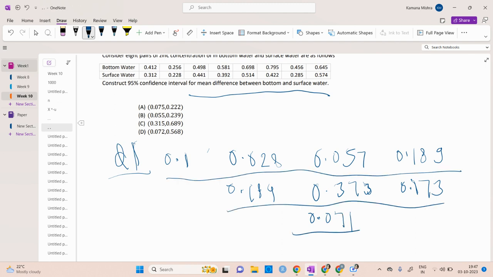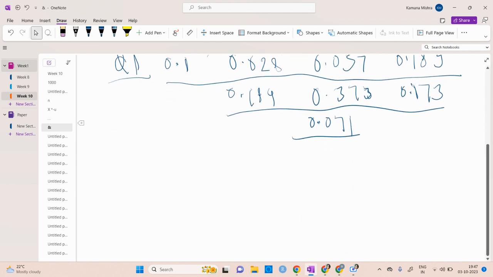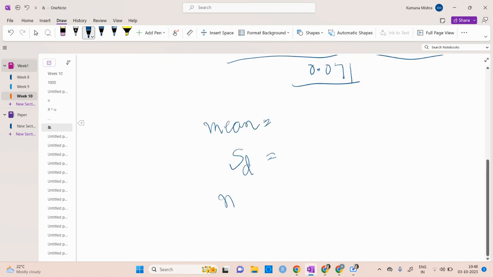So in the first one we have difference in means, and here we have a mean difference confidence interval. So firstly we have found D, so this is our sample. Now we find its mean, and then we can find its standard deviation.